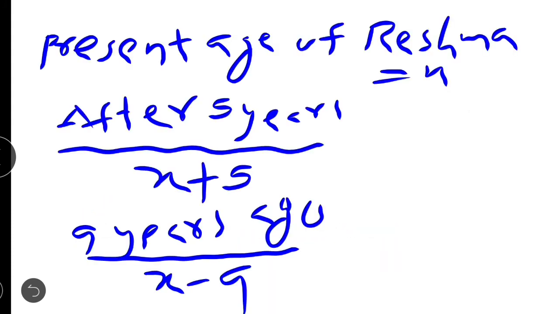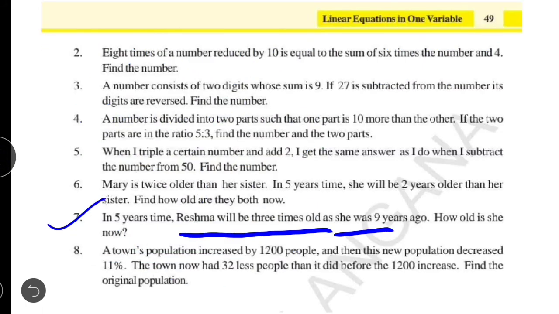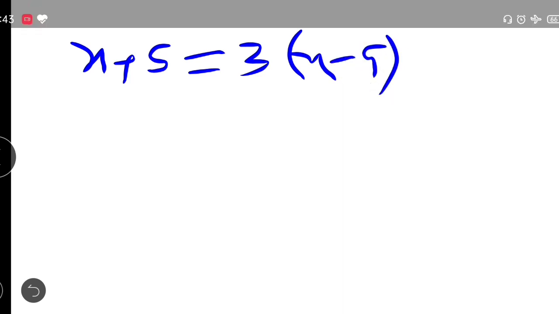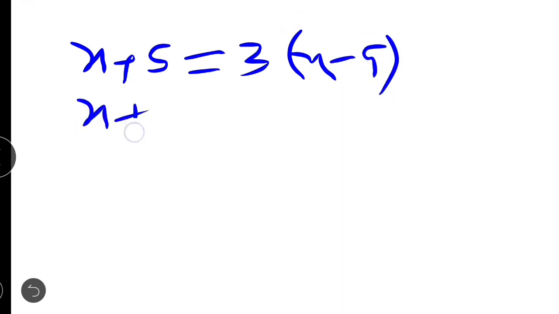So after 5 years, what is her age? x plus 5 is 3 times as old as she was 9 years ago. 9 years ago, what is her age? x minus 9.